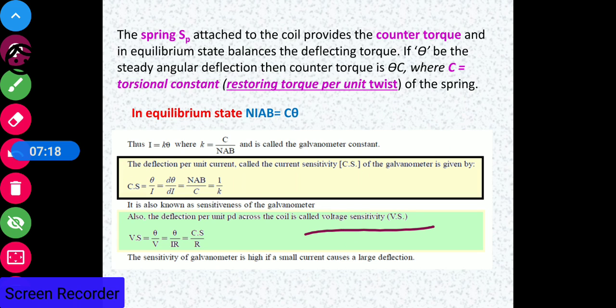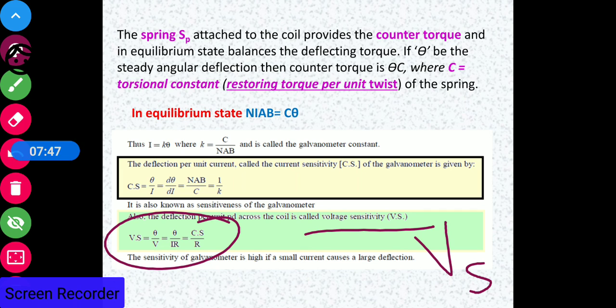The voltage sensitivity is the deflection per unit voltage. Since V = IR, it can also be written as θ upon IR, which is equal to current sensitivity upon R. In some books voltage sensitivity is written as V suffix S. So voltage sensitivity and current sensitivity can be related with this formula.